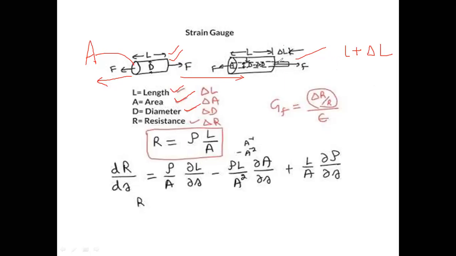D is the actual diameter and delta D is the change in diameter. So D minus delta D is the diameter now after applying force.